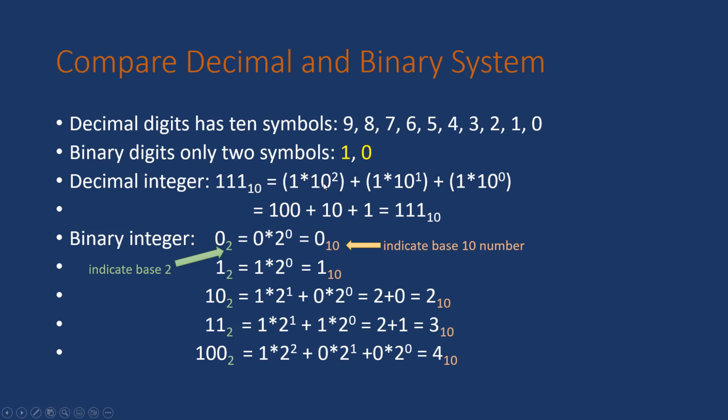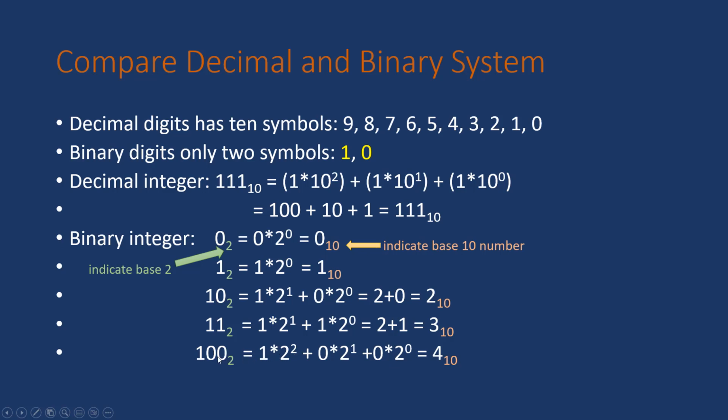That is always 10 to the power of the position number: 0, 1, 2. The same thing goes for binary digits: it is always 2 to the power of the position number.